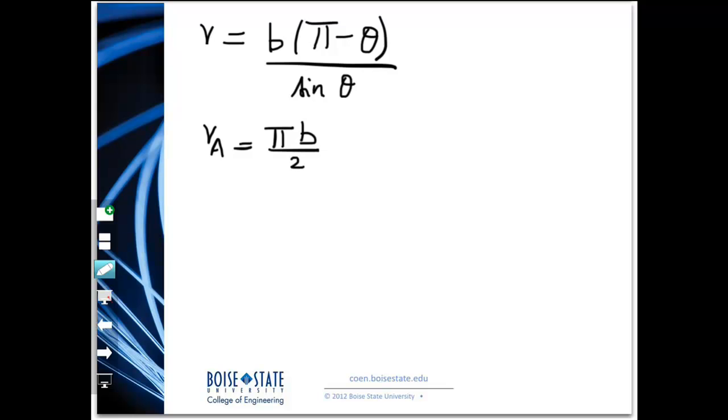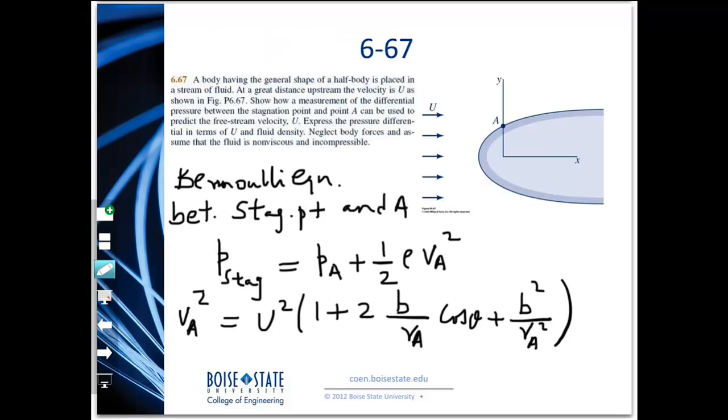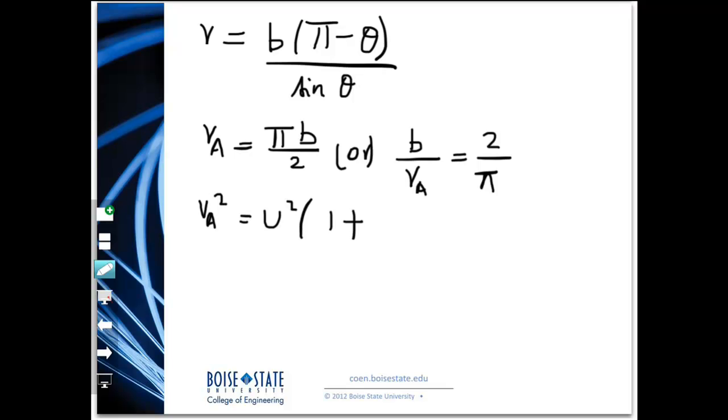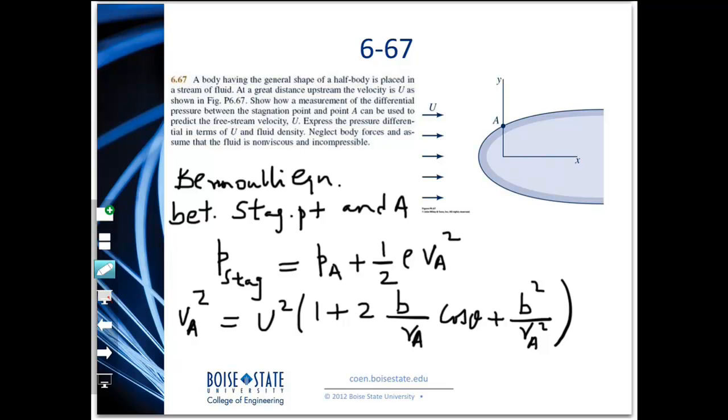Okay, and since in your VA square terms you see B square over RA square, let's write B over RA, which is 2 over pi, so that we can directly substitute this there. So then VA square will be U square times 1 plus, you have cos 90, right? So cos 90 is 0.